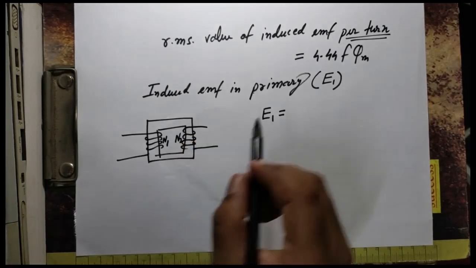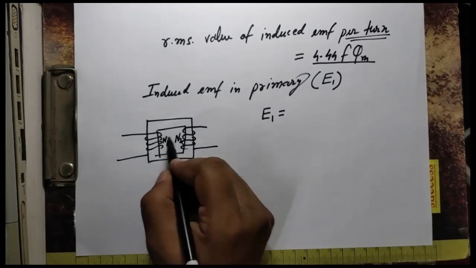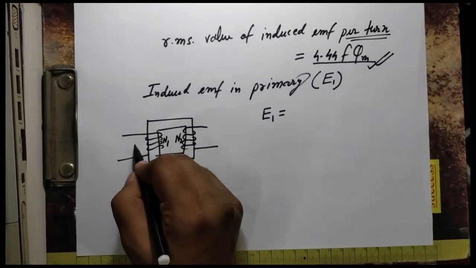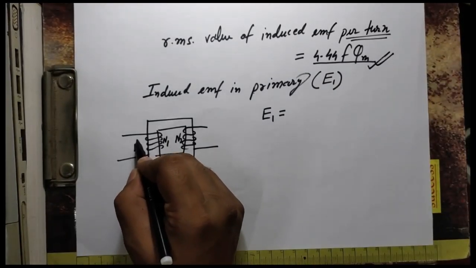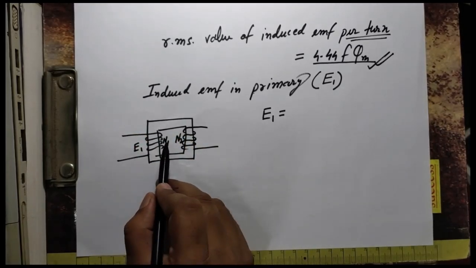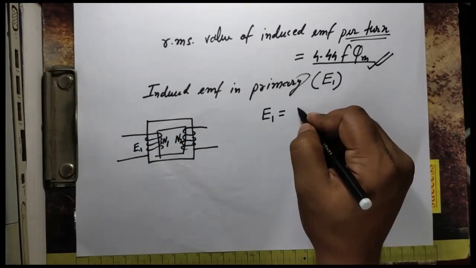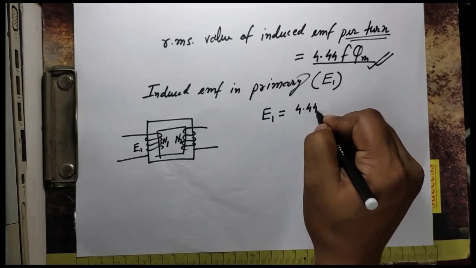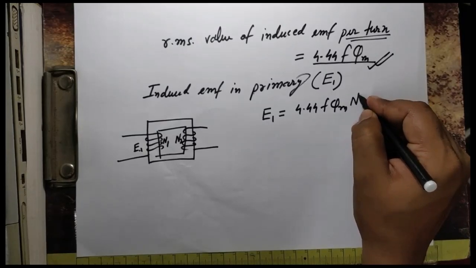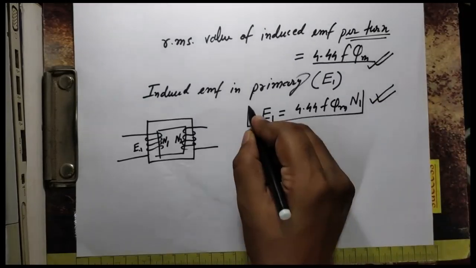So per turn value we have already found out. To find this E1, the primary induced EMF, we know the per turn value and we know the total number of turns in the primary winding. So what will be the total induced EMF? E1 will be equal to, obviously, per turn induced EMF into N1. Okay, so this will give us the E1 value, that is the primary induced EMF.